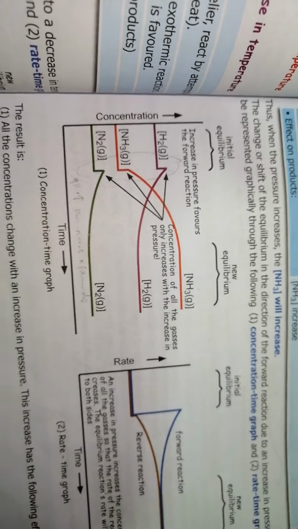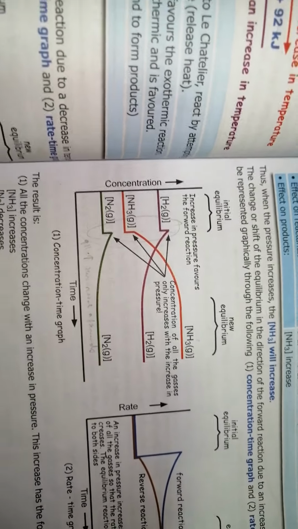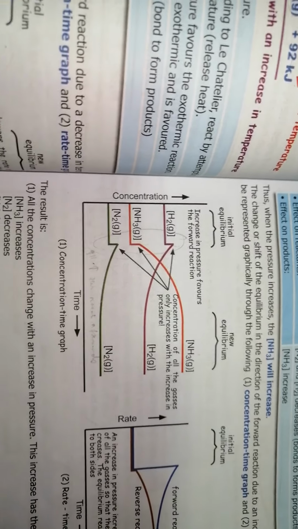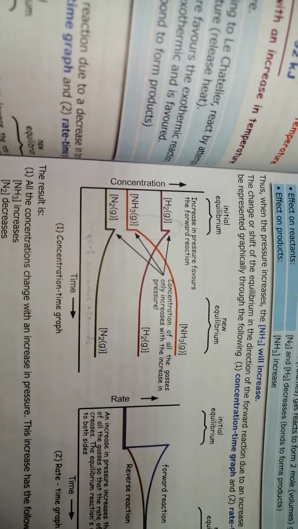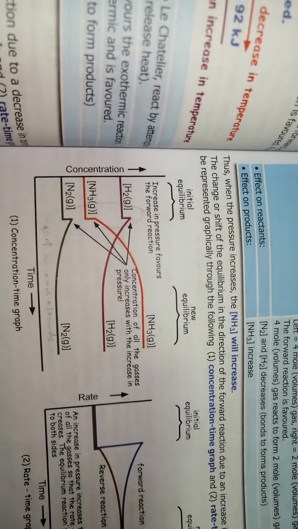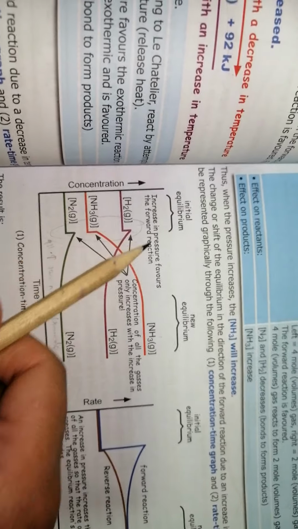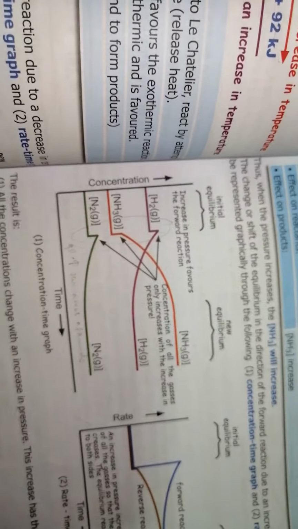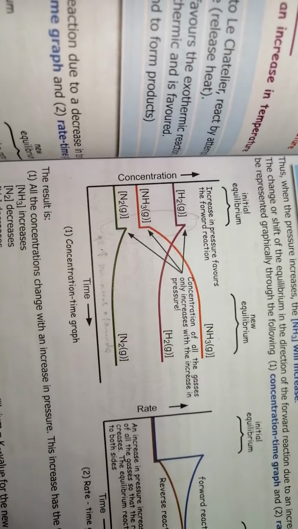Now, this only happens when you have a pressure disturbance, because when you're increasing pressure, you are actually decreasing volume, which means concentration is increasing. Right, so just remember, when you have a pressure time graph, you don't need to know the details, but everything is going to increase if you increase pressure. But after it increases, then you're going to start to either increase or decrease based on what reaction is favored.